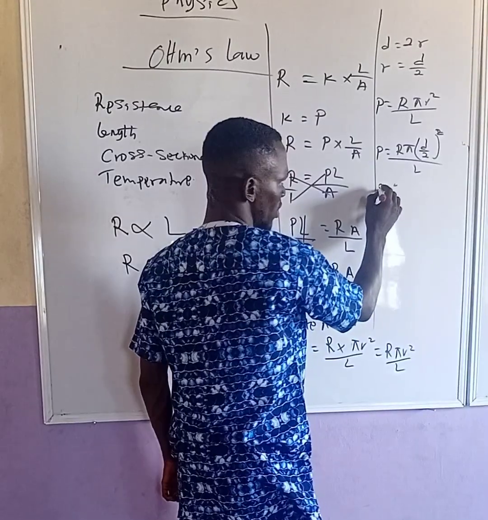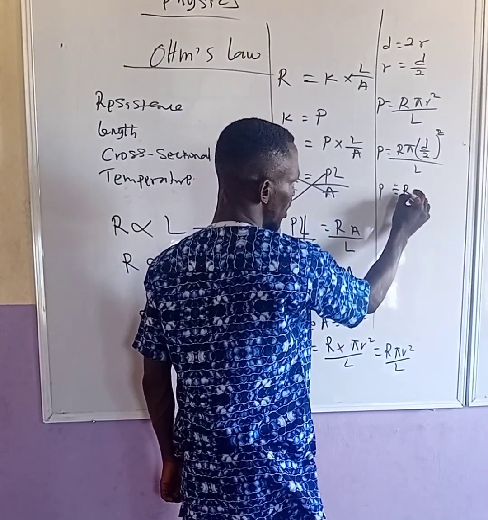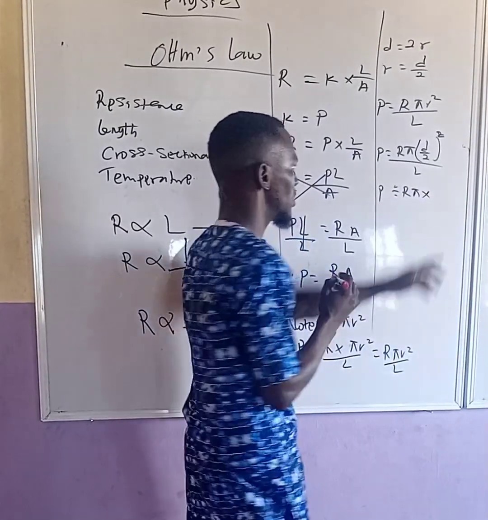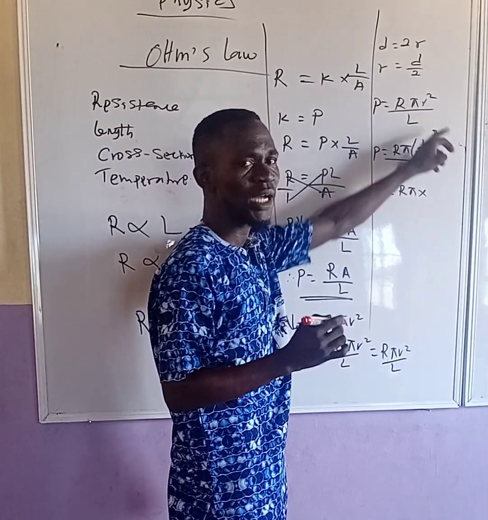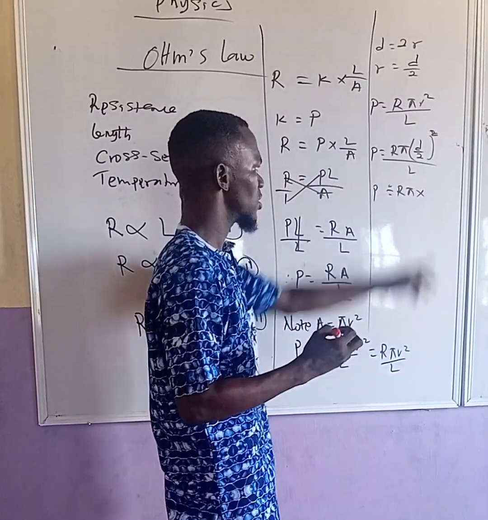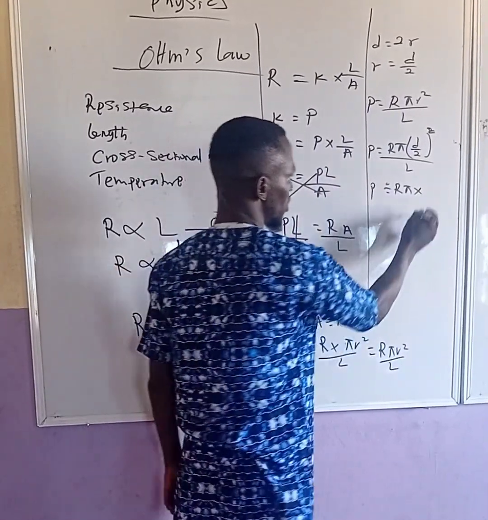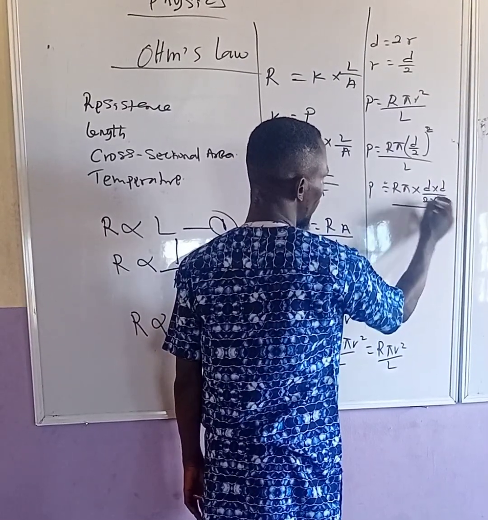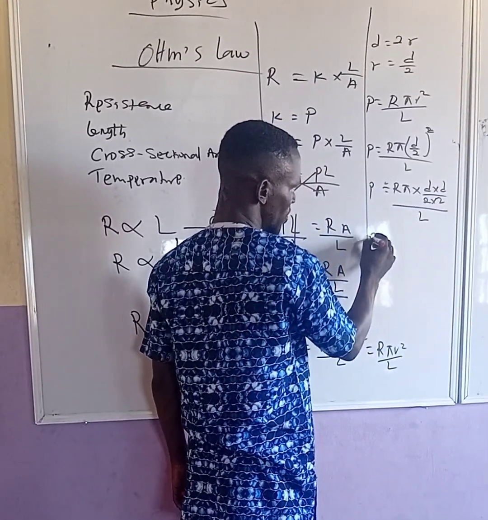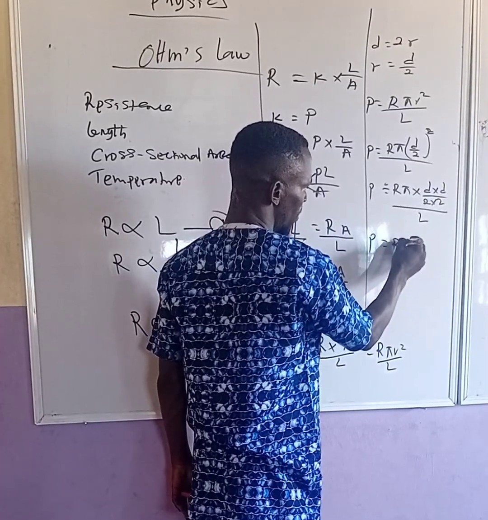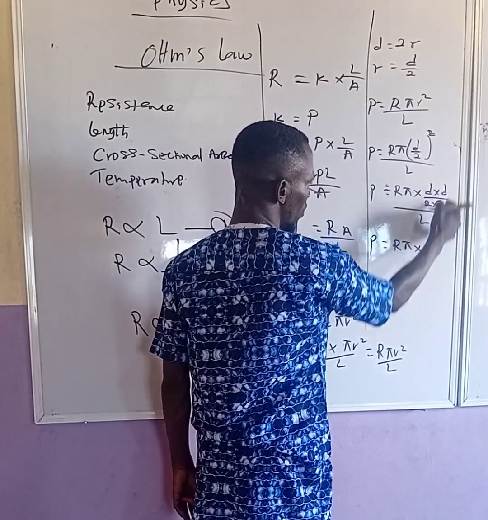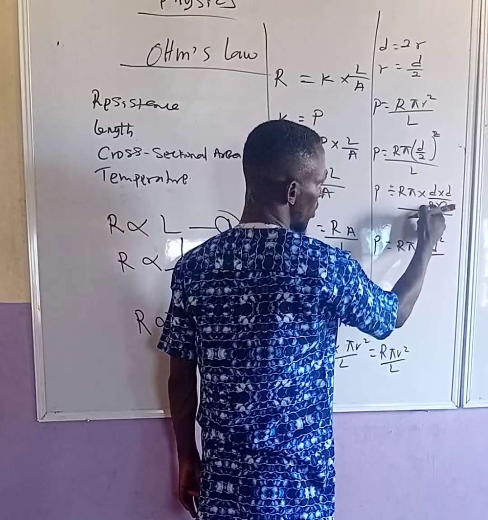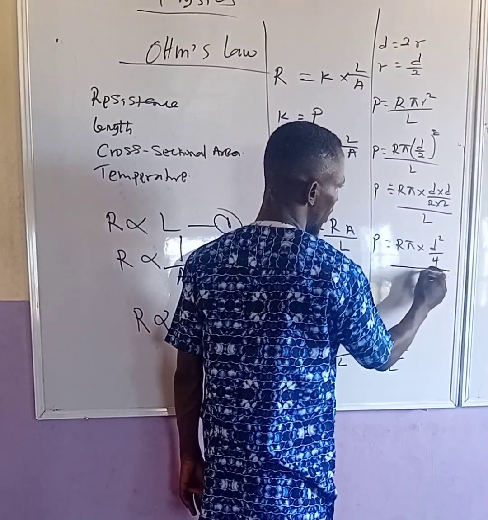Now when we have d over 2 all squared, it means we multiply d by d in the numerator and 2 times 2 in the denominator. This will give us d squared over 4, then all over L.